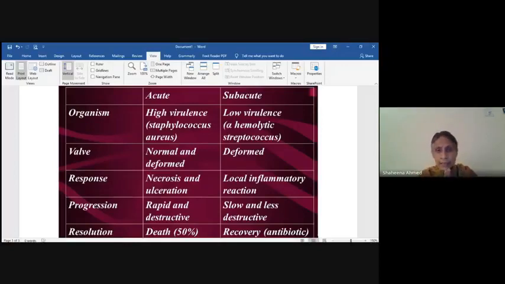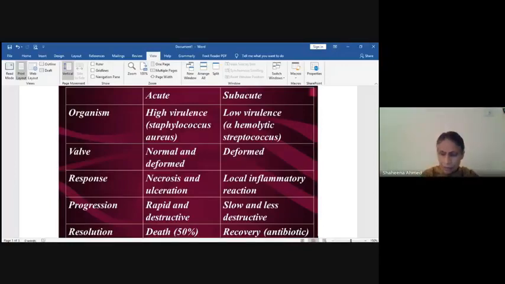Now, in acute endocarditis, there might be no underlying heart disease present. Heart may be normal, but in subacute cases, you will find an underlying heart disease like rheumatic heart disease or some congenital heart disease, due to which there is a deformed valve on which subacute pathology has occurred.